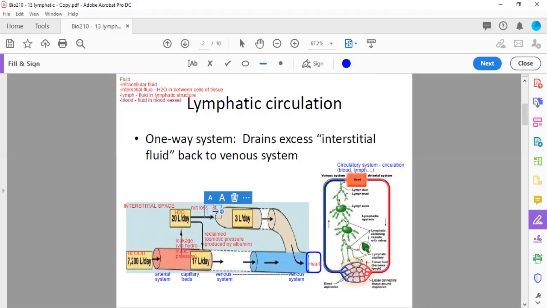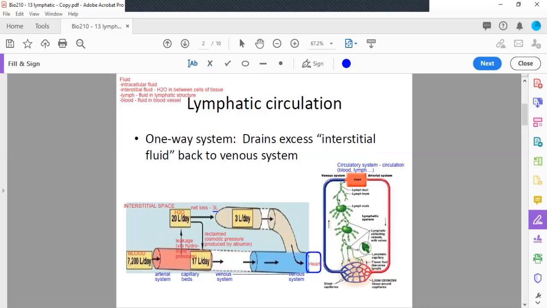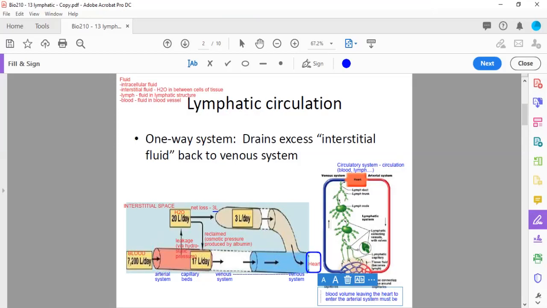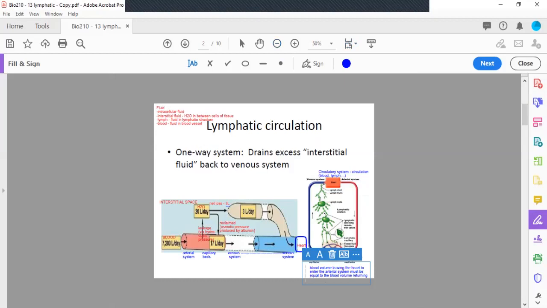Okay. So that's our objective and we can type in the little objective: the blood volume leaving the heart to enter the arterial system must be equal, to a certain extent, to the blood volume returning back into, I'll just zoom in. Well, I'll zoom out. Ooh, I can't zoom out because I can't see that.